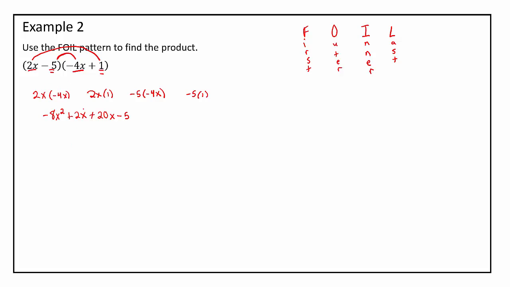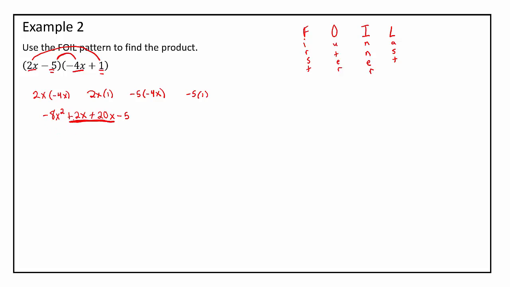So when we FOIL, or in general when we have a binomial times a binomial, almost always there will be like terms on the inside. That trick I told you on the last example only works if it's a monomial times something. If it's a binomial or something bigger times a binomial or bigger, then we do end up getting like terms in our answer that we have to put together.